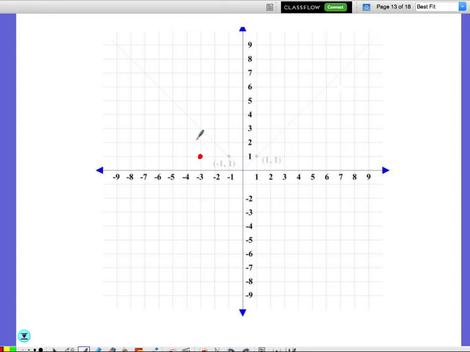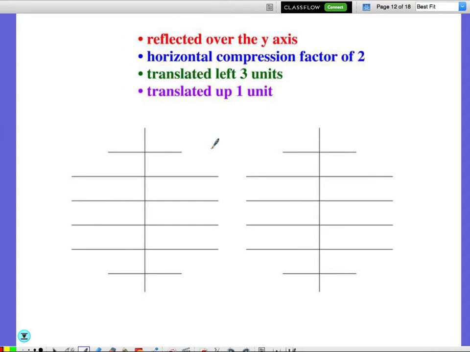Now what I want to do next is I want to find my other 2 points. So here's my vertex. How's my function going to look like after that? So that's where we have to use our 2 tables here.